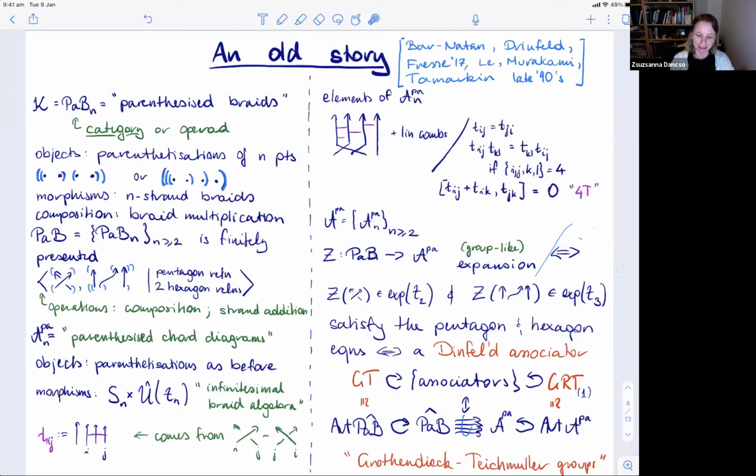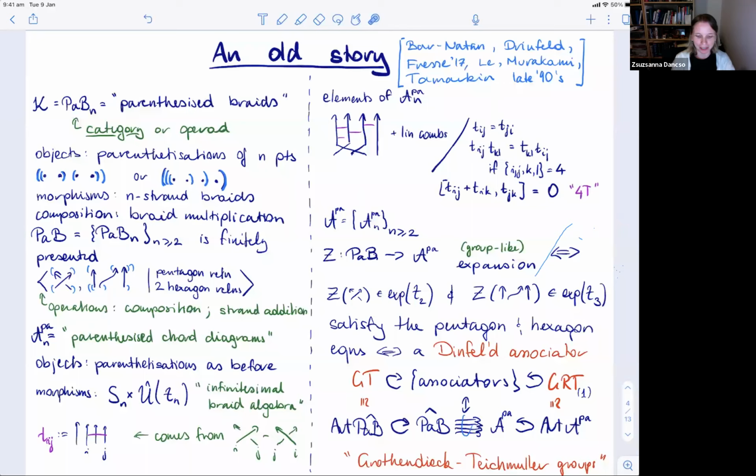And Z of the crossing will essentially live in the exponential of the braid algebra on 2 strands, and Z of the associator braid lives in the exponential of the infinitesimal braid algebra on 3 strands.